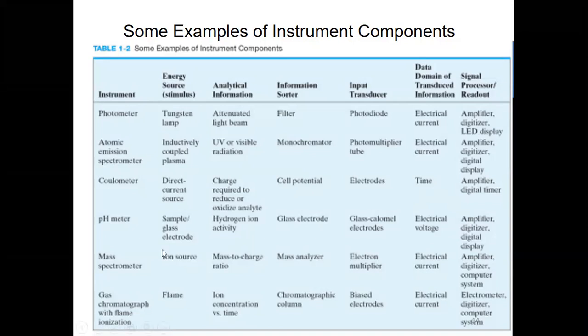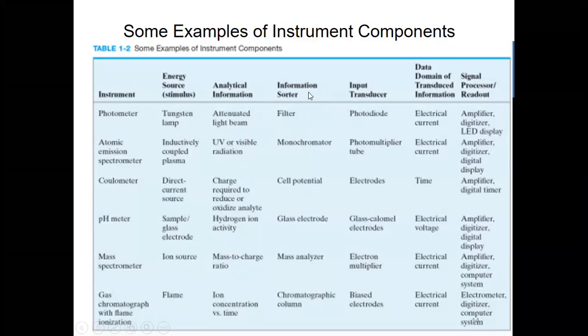That is the easiest example, because that one we all know. And also the photometer, atomic emission, coulometer, mass spectrometer. All these are the sources of each and every instrument. The analytical signal can be different: light beam, UV radiation, and mass to charge ratio, like that.